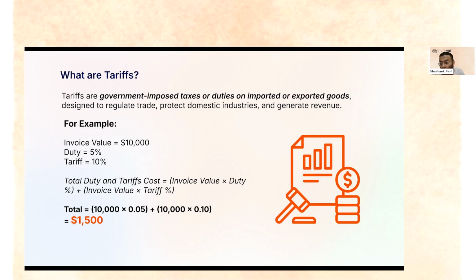So if the tariff for that particular country is 10%, the total cost the importer would have to pay would be the duty percent times the invoice value, which is 5% of 10,000, plus the tariff times the invoice value, which is 10% of 10,000. So in effect, the importer now has to pay close to $1,500 as duty and tariffs versus the erstwhile rate of $500.